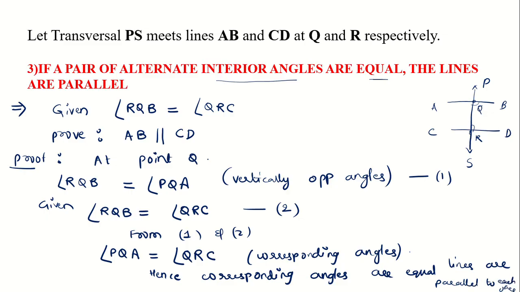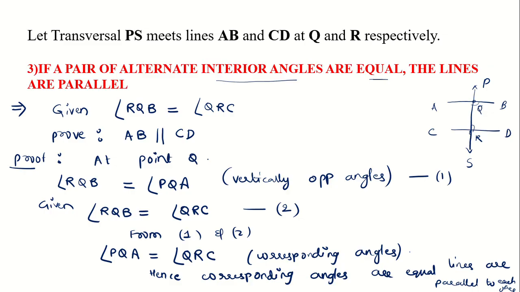So these are the three very important theorems from your chapter Lines and Angles. If you remember these theorem statements, it will be very helpful for you when you solve your exercise problems. Let me give a quick recap. The first theorem we discussed: a pair of alternate interior angles are equal.